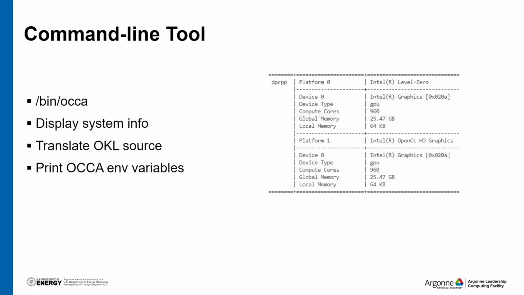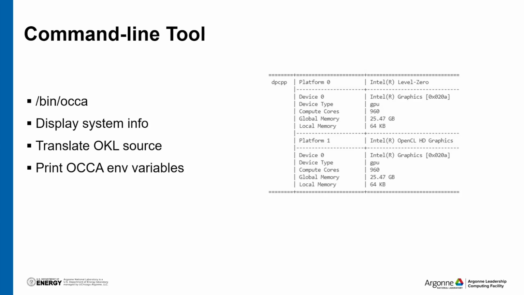All right, so the command line tool comes baked in with the OCCA library, and it gets installed in the binary directory. It can do some different useful things. In particular, if you're building OCCA from scratch, it's a good way to check that everything went okay and that you're seeing the hardware that you expect on your system.